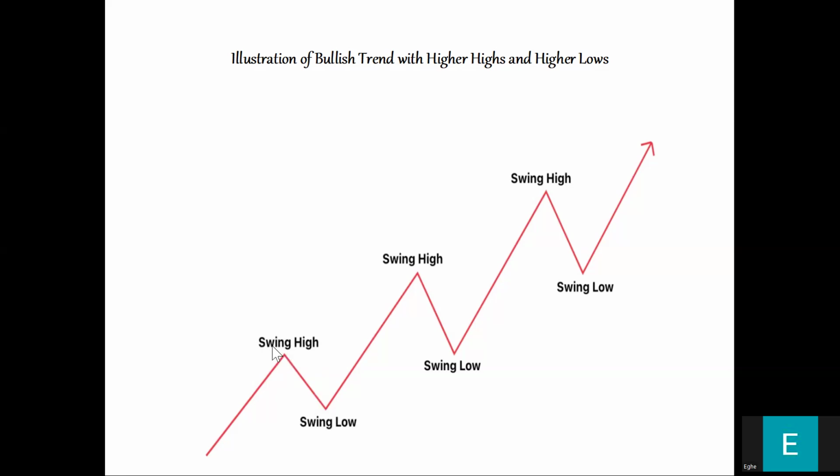Once it gets here, it has created a swing high. Now it needs to pull back into a discount level before it pushes again. From here again, it has created a swing high, breaking this structure, higher than the first level.